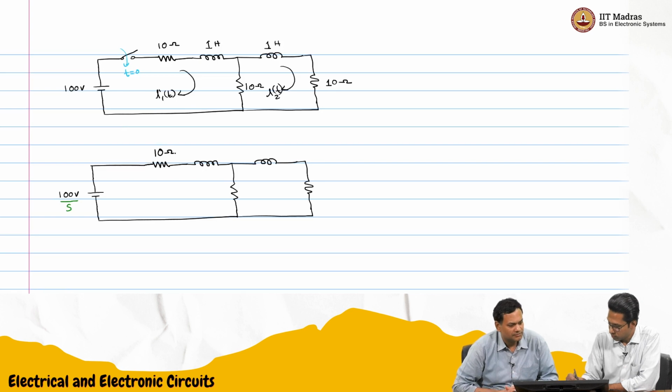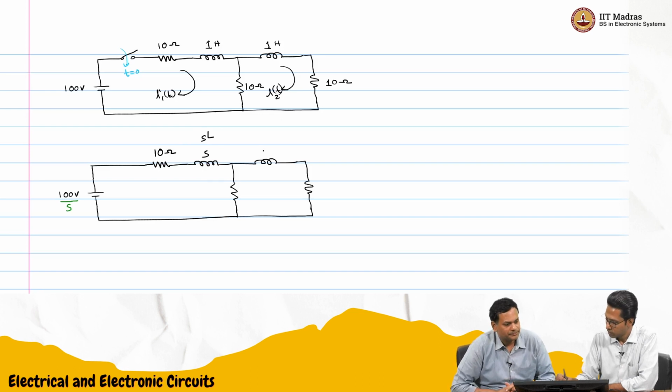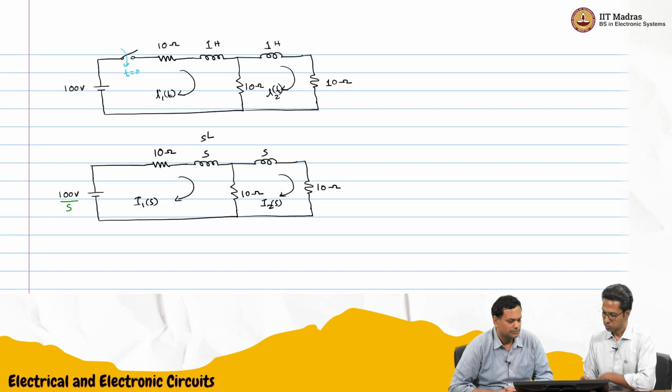The inductors, SL, so it's just S. This is also S. And these two are 10 ohms, no change. And this is I1 of S, and I2 of S.